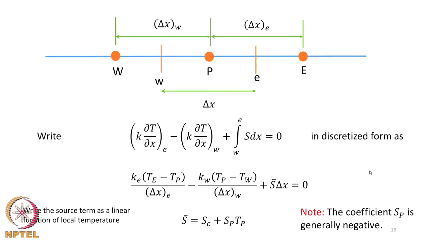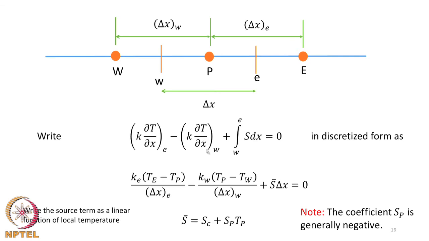And if we do that, then dT by dx can be given by the Taylor series expansion that we have discussed earlier. So, a linear approximation is possible, and you could look at it like this. The slope at E is given by capital E minus capital P, that is temperature at this location minus temperature at this location, divided by the distance here, which is delta x E. So, you can see that the first term is discretized to be just a difference of the temperatures divided by the distance.